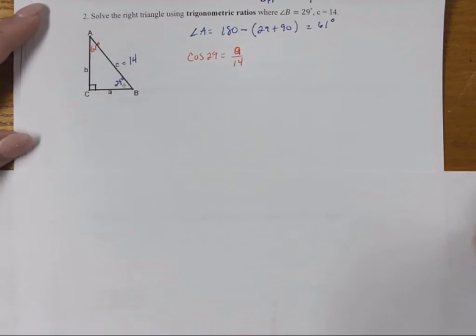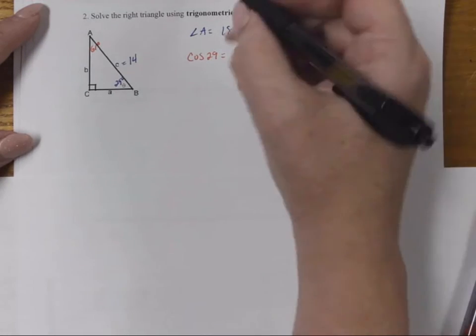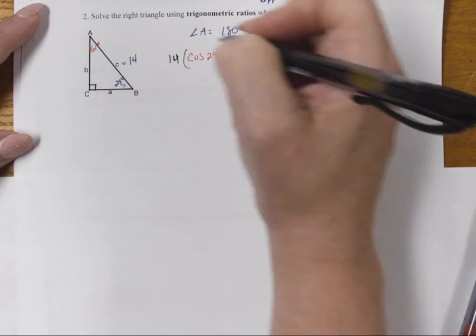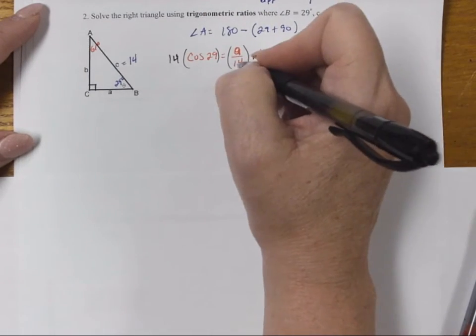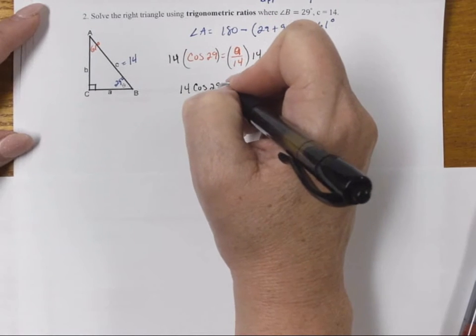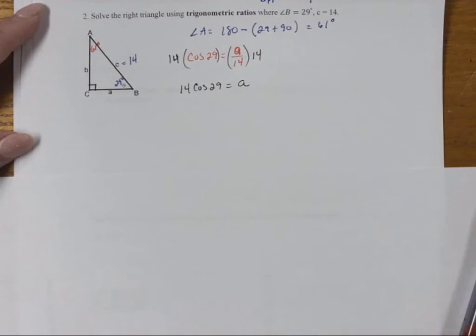So if I multiply both sides by 14, the 14 will cancel here, so I end up with 14 times the cosine of 29 is equal to A.